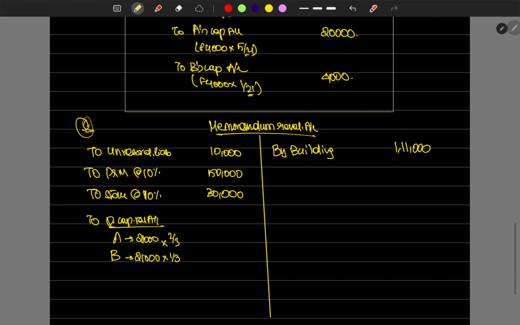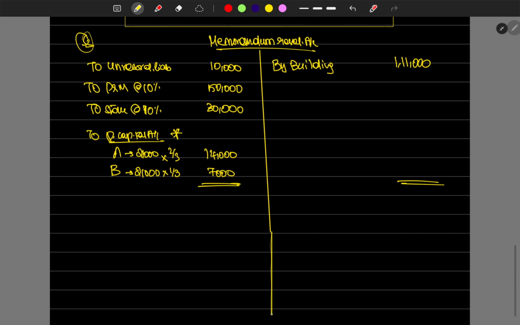Initially it was revalued and taken by the partners' capital, and then it was transferred to all the partners. Revaluation share is 7,000. That's it. Balancing figure.